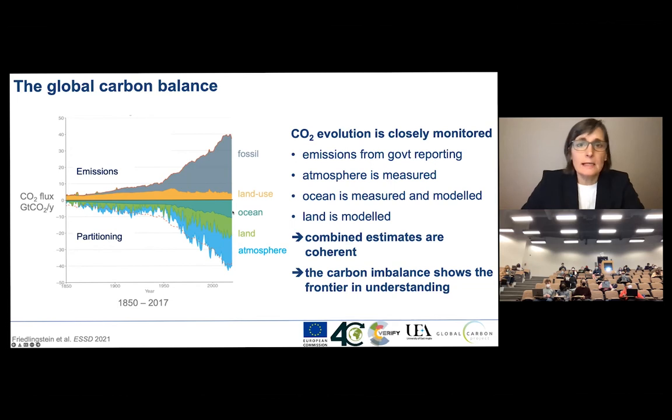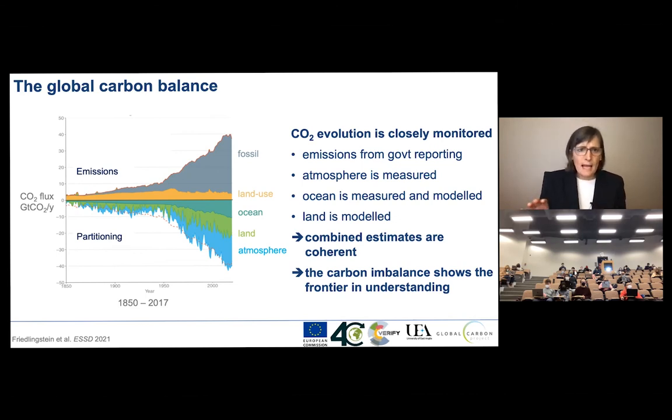The ocean is measured thanks to oceanographers who go around the ocean, and also automated instruments now that do measurements in situ. So the ocean is measured and is modeled. I do ocean modeling, so this is my bread and butter, so to speak. And the terrestrial biosphere is mostly modeled through a computer representation of ecosystems that are based on processes.